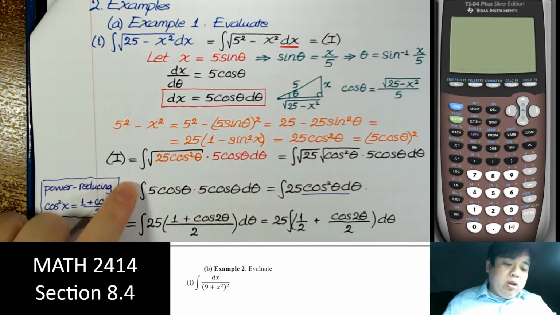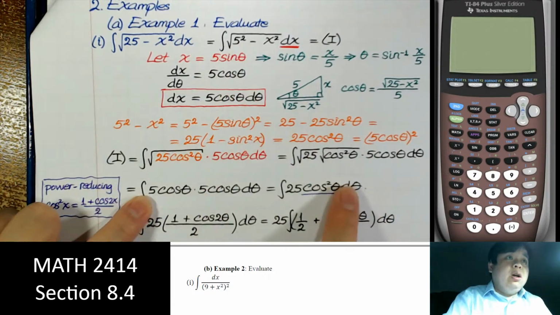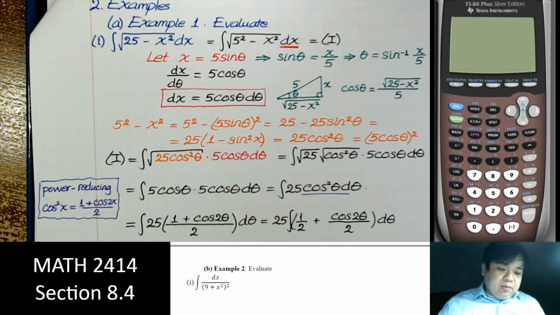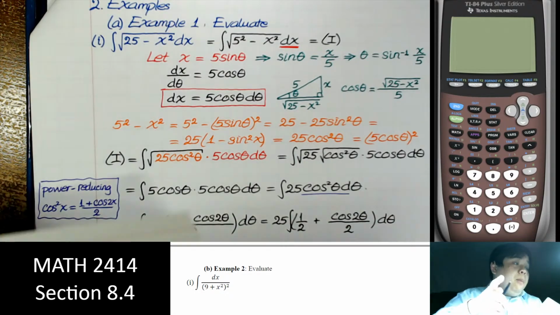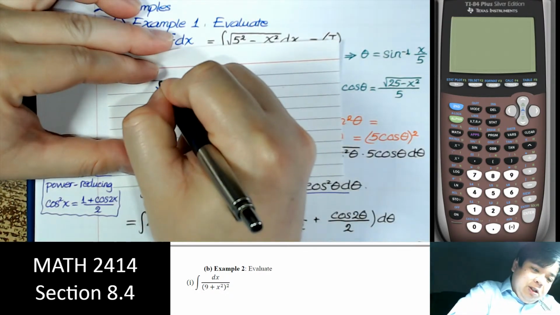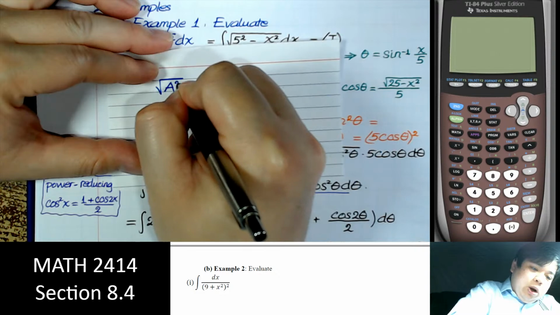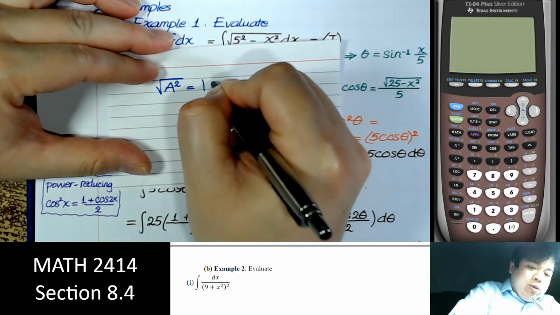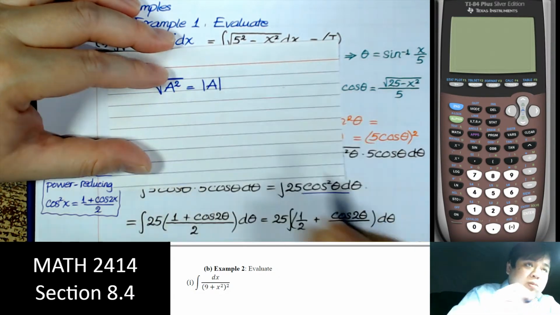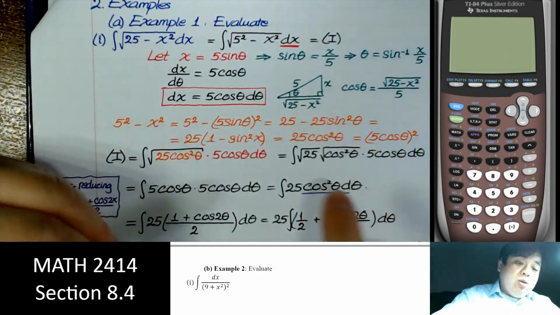Then we don't have to deal with the square root anymore. So that's the idea. By the way, in general, the square root of a square is equal to the absolute value of a. In general, they don't cancel out like this.